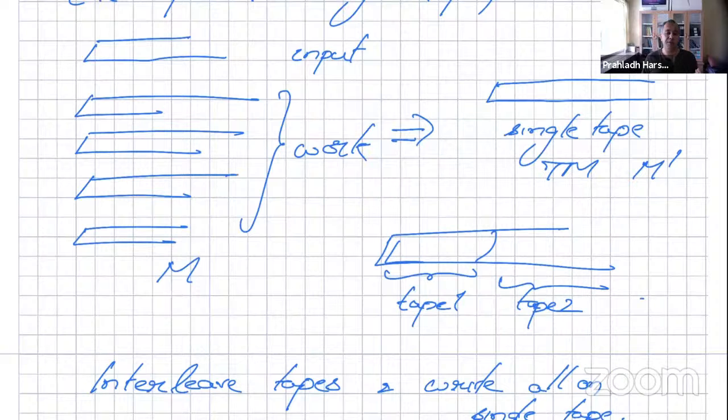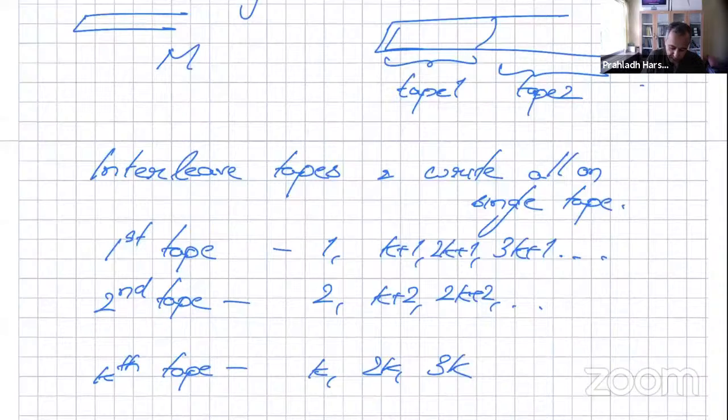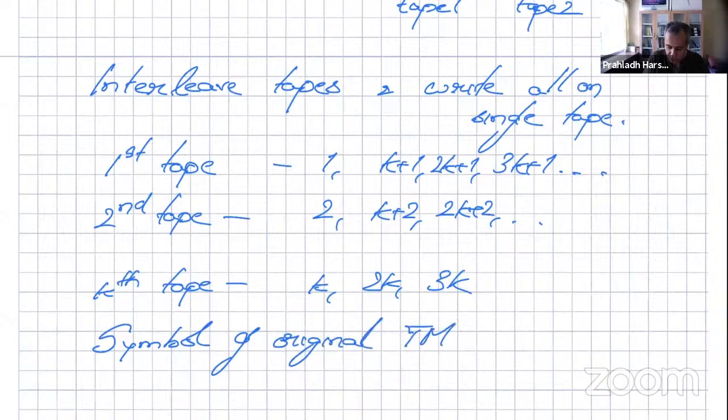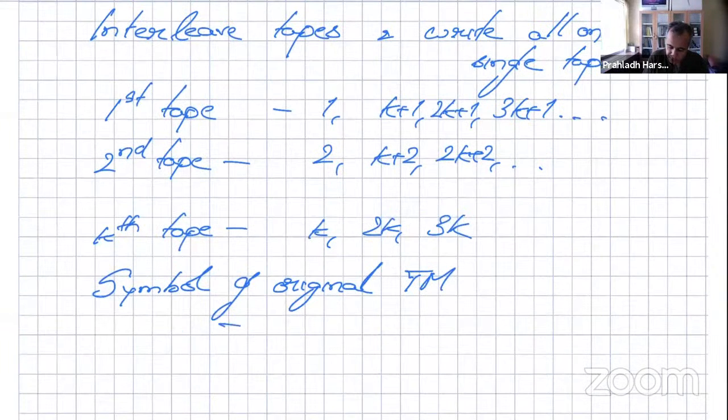How do you know what is there in every single tape? Every symbol of the original Turing machine M now has two corresponding symbols.